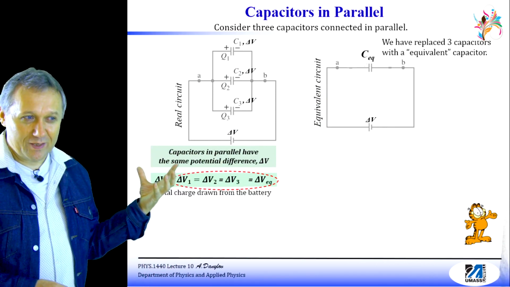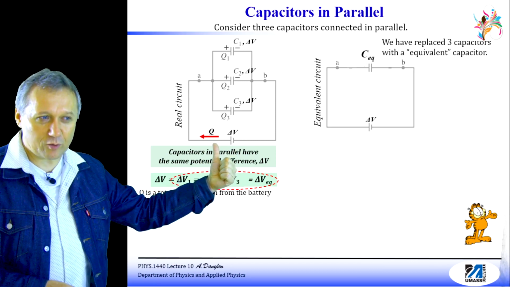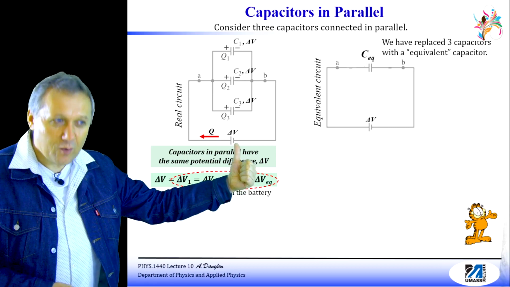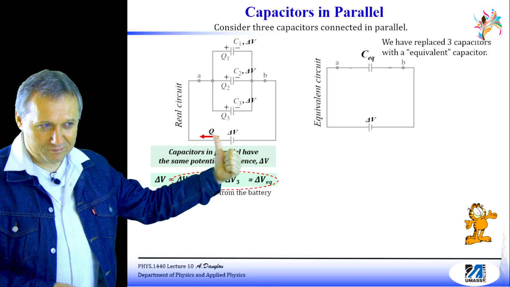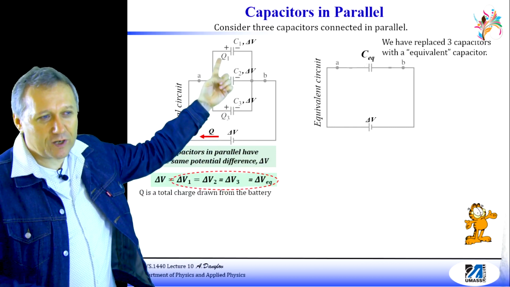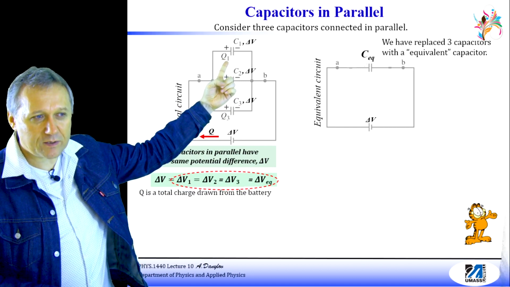What happens with the charge in this circuit? So let's assume that charge Q is the total amount of charge which is taken from the battery. Where does this charge go? Okay, there are only three places. Some amount of charge will end up in this electrode of the capacitor, Q1.